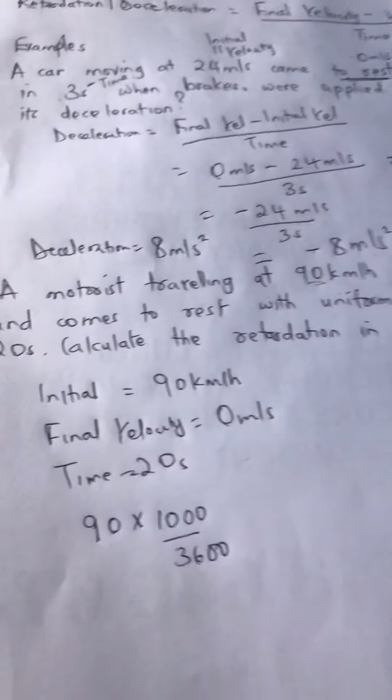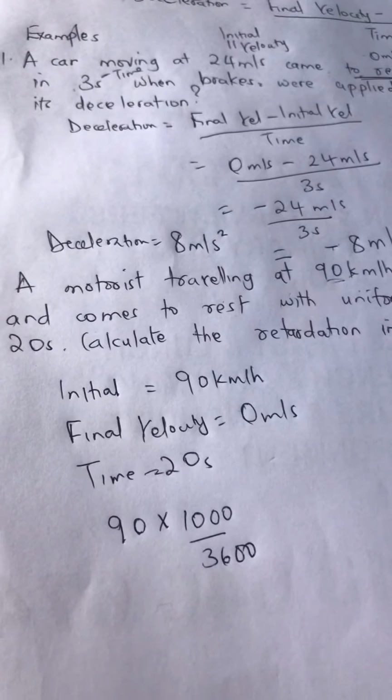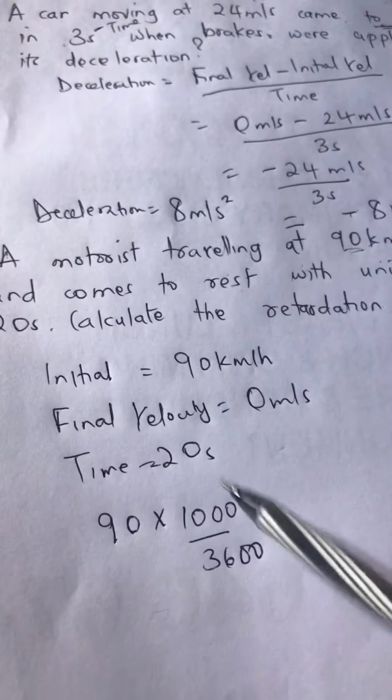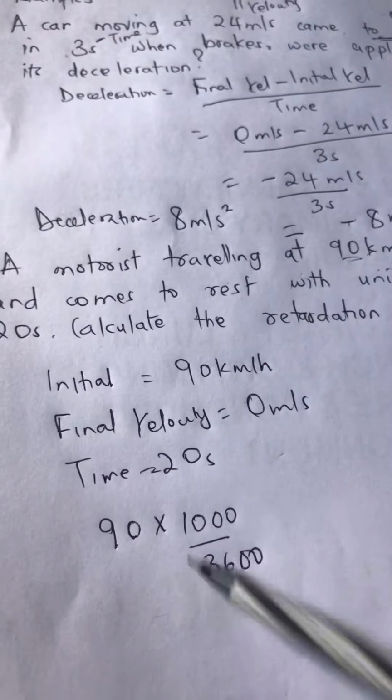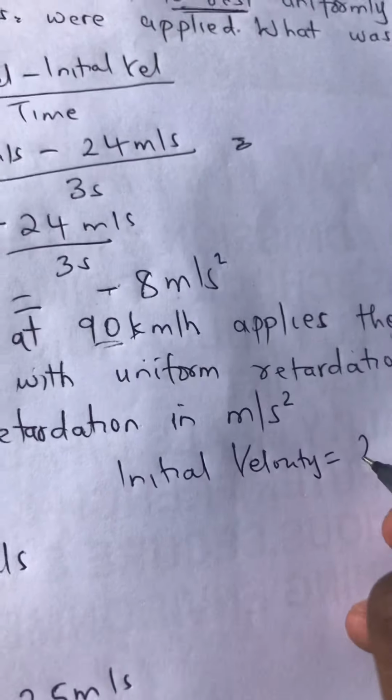Hii nilifunza in a previous episode, so be sure to check that episode of conversion from kilometers per hour to meters per second. You just multiply by 1000 divide by 3600, and when you do this, my friend, utapata 25 meters per second. So our initial velocity was 25 meters per second.